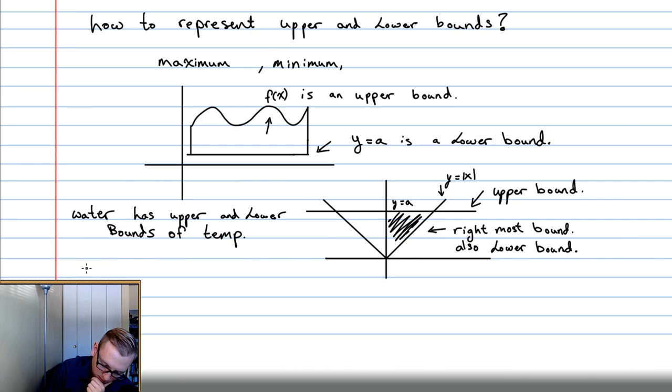So, like, in this graph, it would be like the area between. I'm thinking too far ahead. And it would be, so y has to be less than or equal to a, and y has to be greater than or equal to the absolute value of x. That would be this function here.